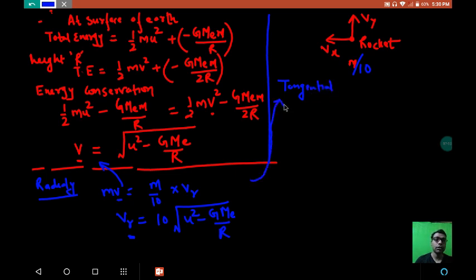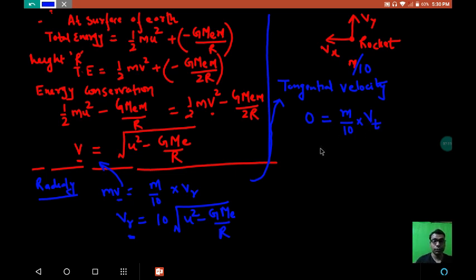This part, tangential velocity of rocket. The momentum before and after will be the same, but before the tangential velocity is what? 0, and the horizontal velocity of what? Before ejection it is 0, and after ejection it has mass of the rocket into v tangential.